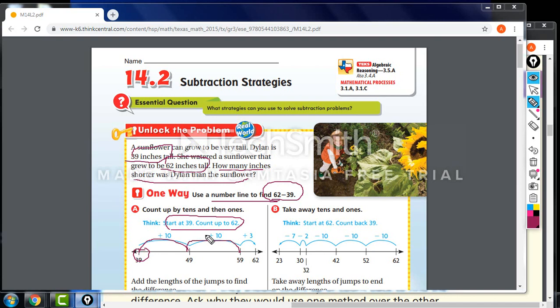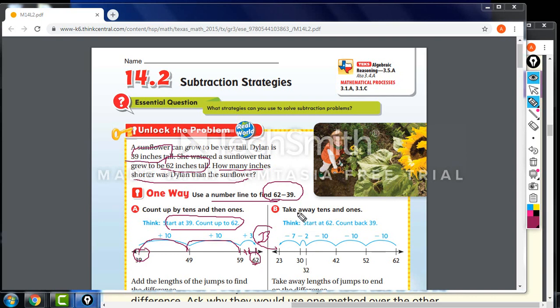Then we count 1, 2, 3: 60, 61, 62. So we count these 10, 20, and 3, and your answer is 23. That's your answer here. Notice how we stopped here, because we can't jump 10 more since we have to stop at 62.